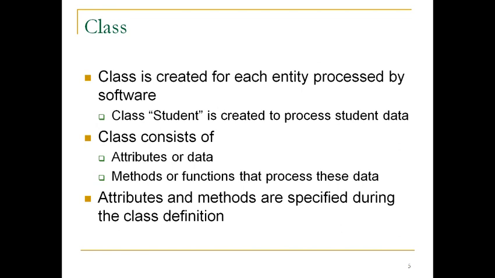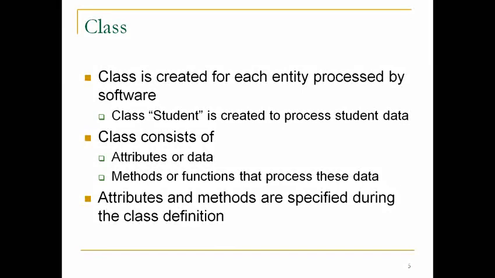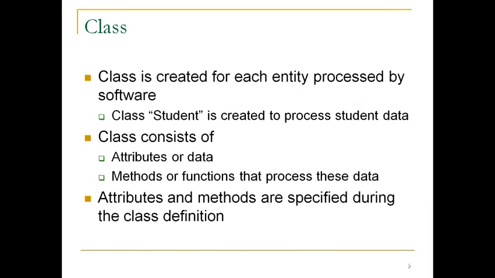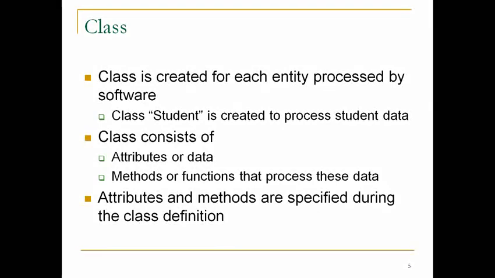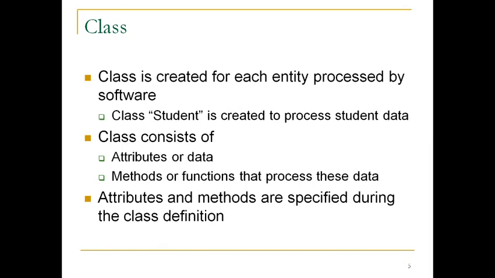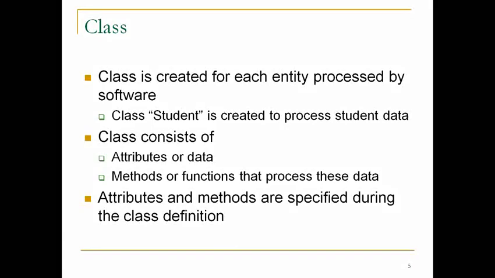What is a class? The class is created for each entity that is processed in the system. For example, if we process student data, then these data are put in a class, for example, named student. And the class consists of attributes and methods that are processing students' data. All of these things are specified during the class definition.